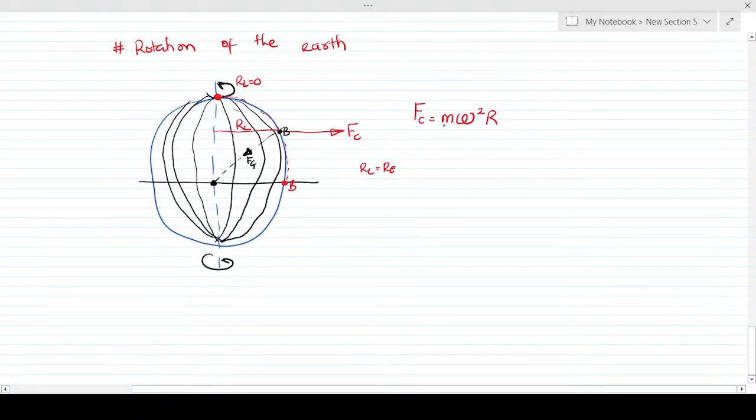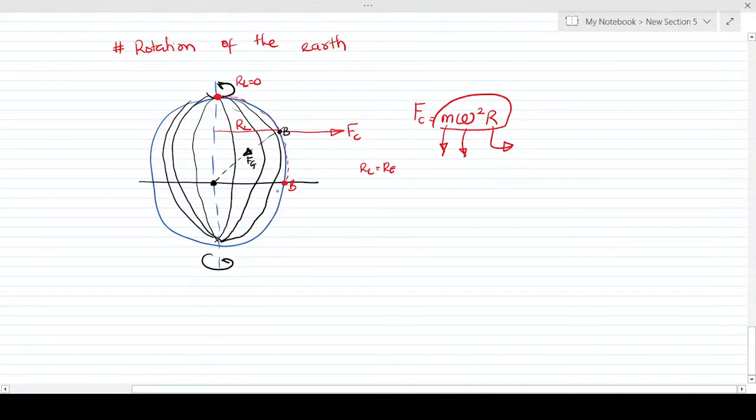Now, centrifugal force is given by this expression. If you look at the equation, the mass of the object doesn't change. The angular velocity of the Earth doesn't change. So what changes is the radius.